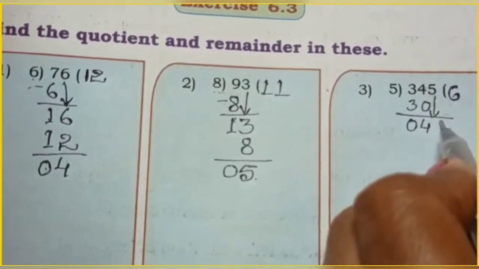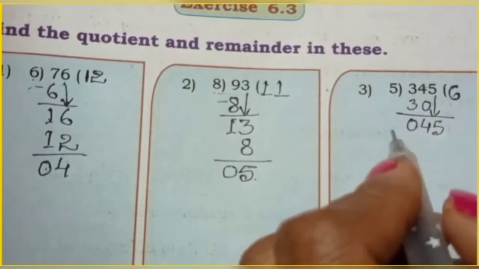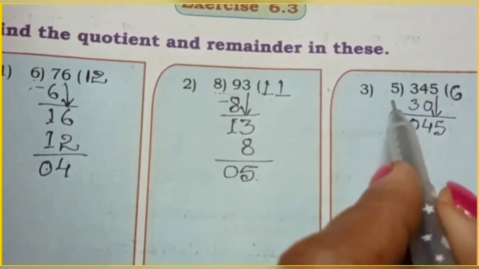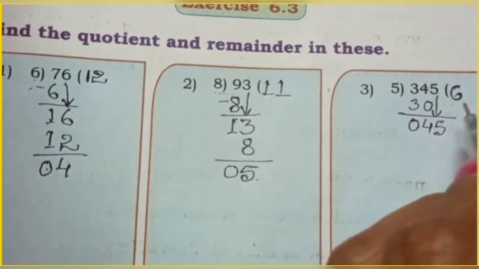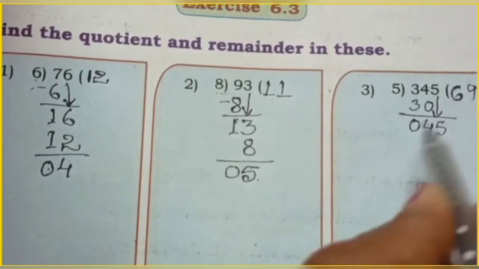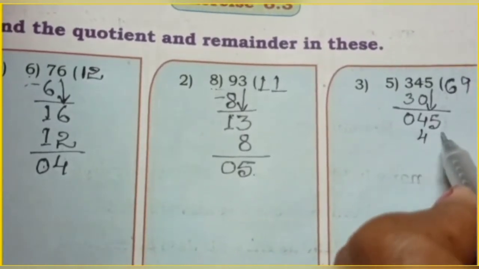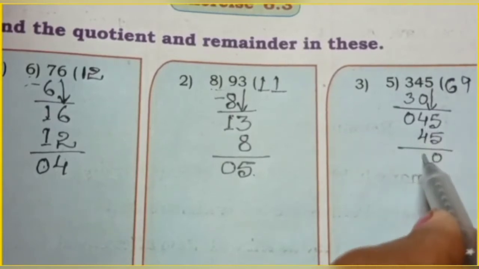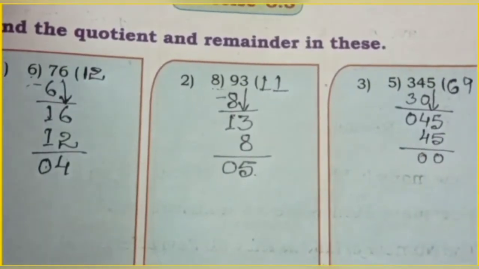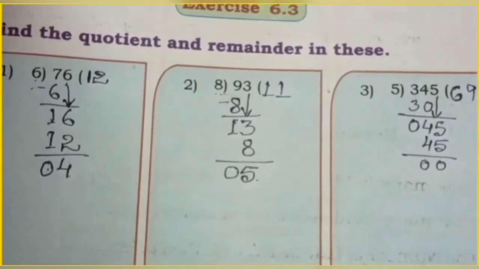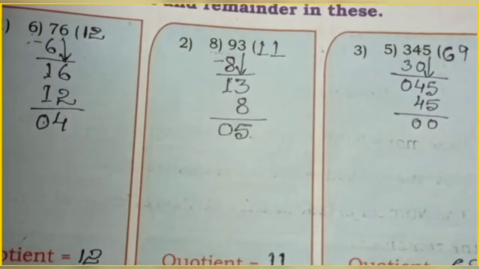Take down 5. Now we get 45. 45 divided by 5. So 5 nines are 45. 5 minus 5 is 0. 4 minus 4 is 0. So the quotient is 69 and the remainder is 0.